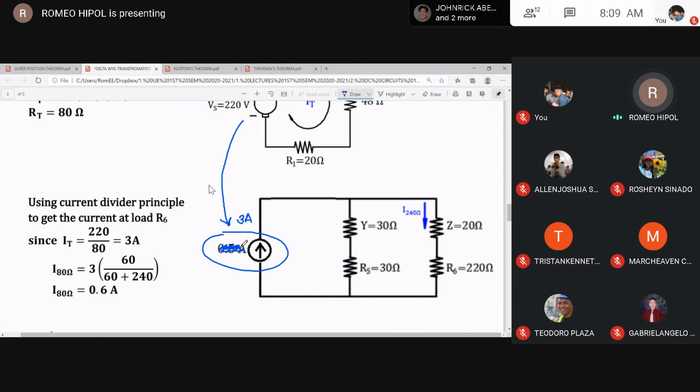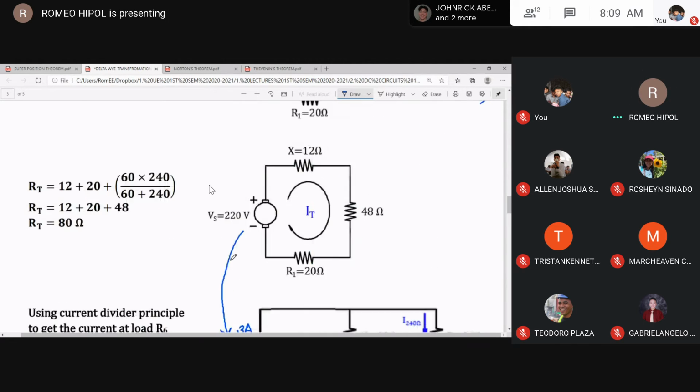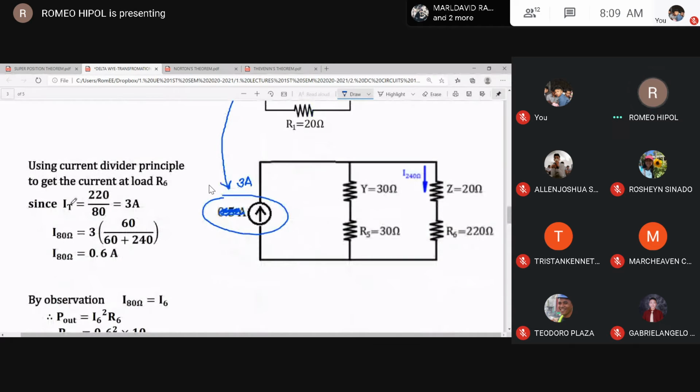So 3 ampere to. Kumbaga nagre-redraw lang ako ng bagong circuit diagram. Kinuha ko yung current flowing at this branch which is 3 ampere. And we have two parallel branches. So by applying current divider, or pwede naman kayong gumamit ng voltage divider, depende sa inyo, to get the current flowing at resistor R6. Yung total current natin is 3 ampere.